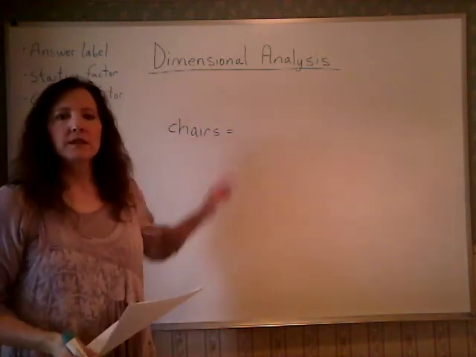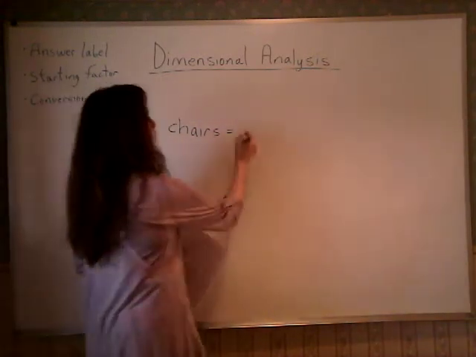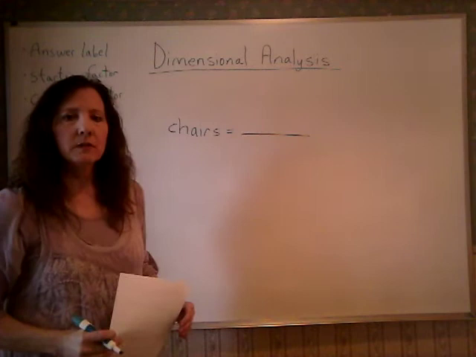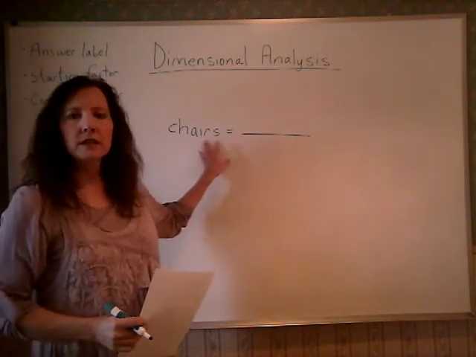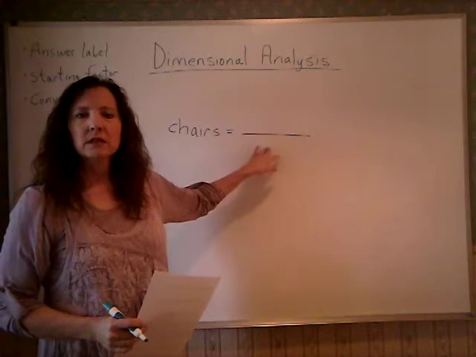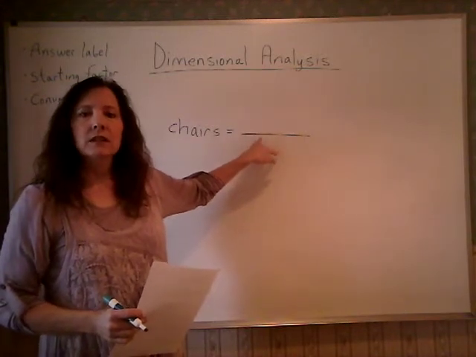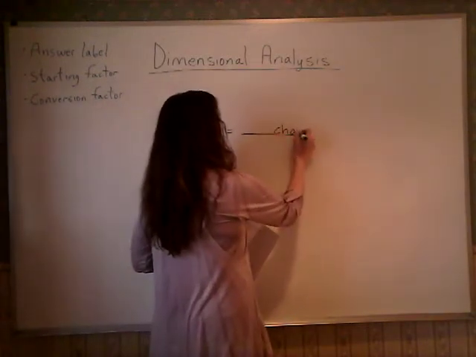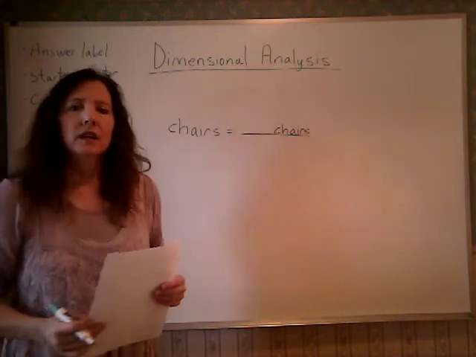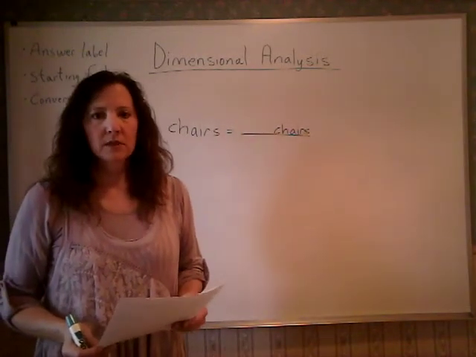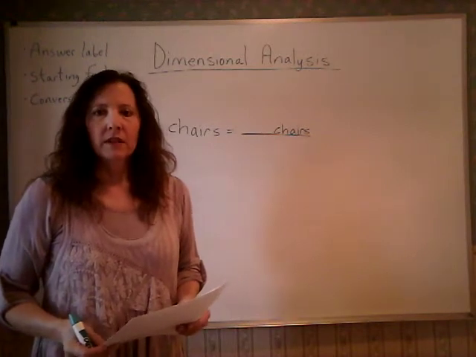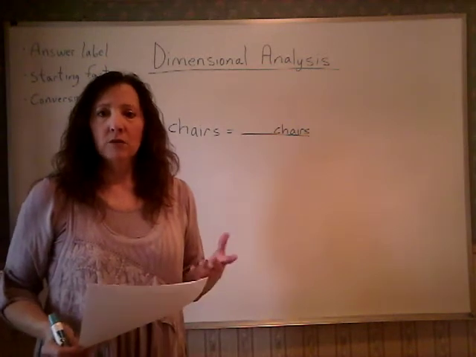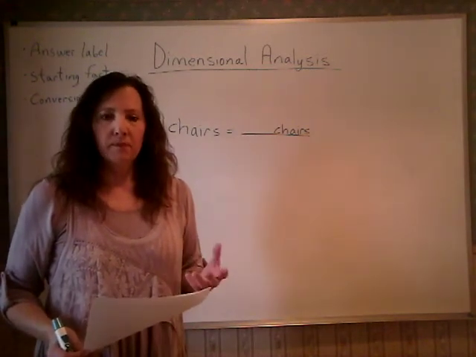We're solving for chairs. Chairs equals. And we'll have a numerator and a denominator. It's very important to put chairs in the numerator of what we call our starting factor. And we go back to the problem and we look for something related to chairs, similar to 1 dozen equals 12 eggs, a relationship.